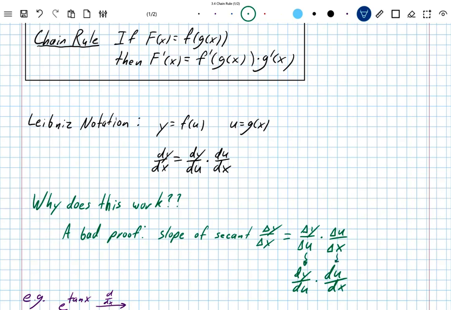Super neat. Why is this a bad proof? One, I barely wrote anything. Two, you'll notice here that I'm dividing by delta u, and that delta u might be 0. And if that delta u is a 0, we'd have to do more work. So this is more of a sketch to maybe convince you that, yeah, this is true. There's several nice proofs around, depending on how you want to go about doing it.